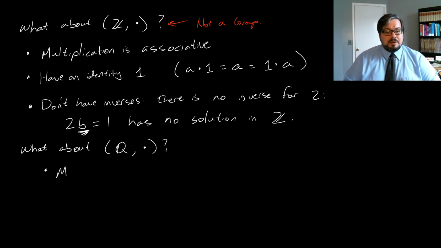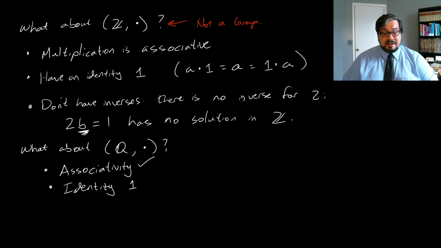Well, again, we have associativity. Multiplication is still associative. We still have an identity. The element 1 is still an identity, and it's still a rational number.